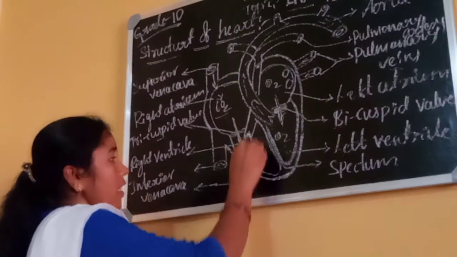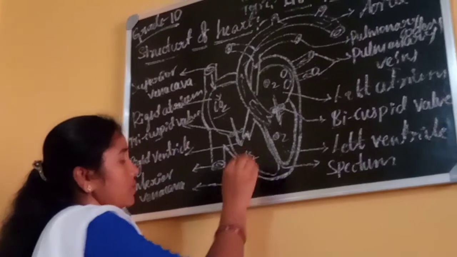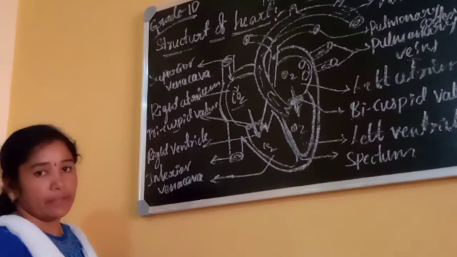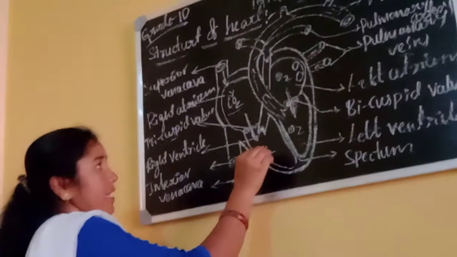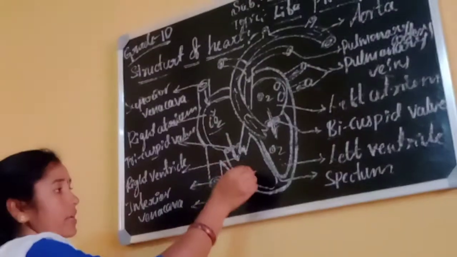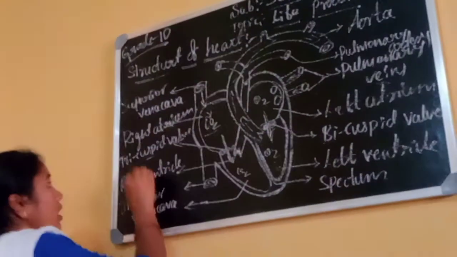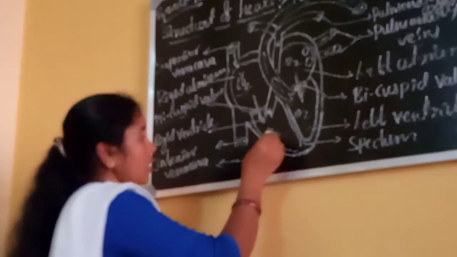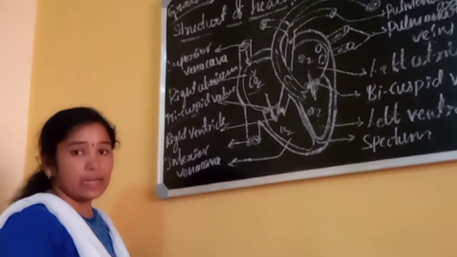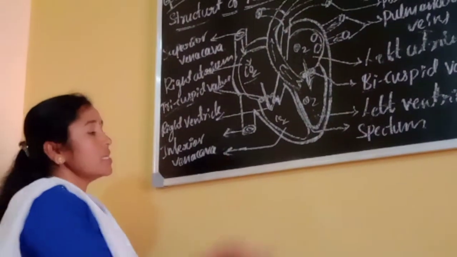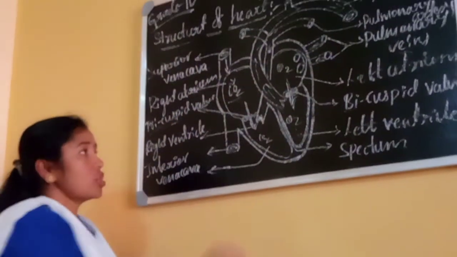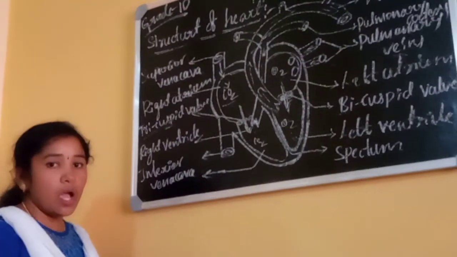Here another valve is there, that is the tricuspid valve. It prevents the backflow of blood from the ventricle to the atrium. When the right ventricle contracts, this deoxygenated blood is transferred to the lungs for oxygenation.